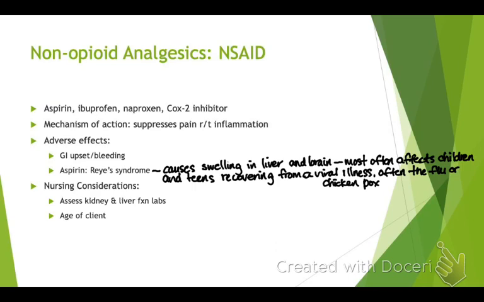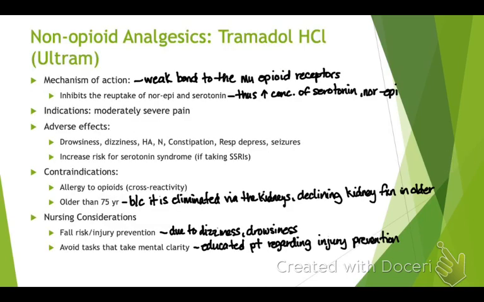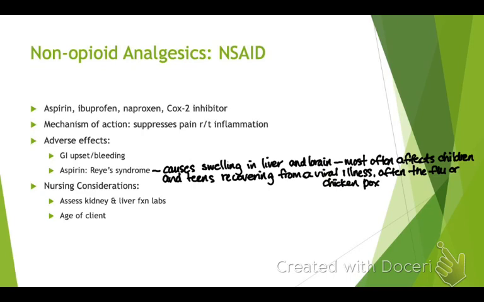You want to assess your kidney and liver function labs, because that's also going to be something that can be affected by the NSAIDs. You want to gather information related to any type of GI disorders.